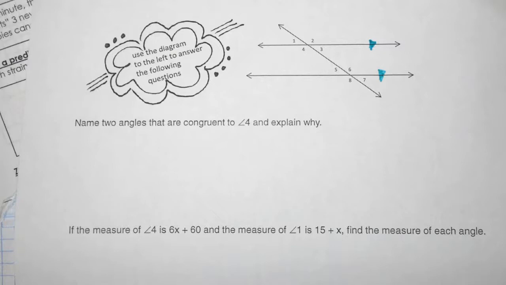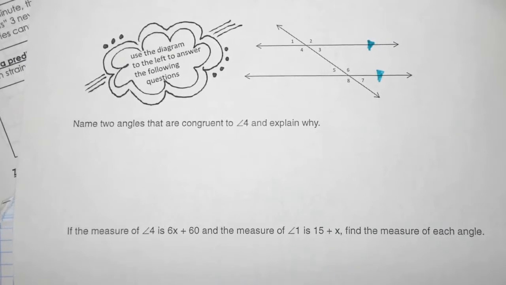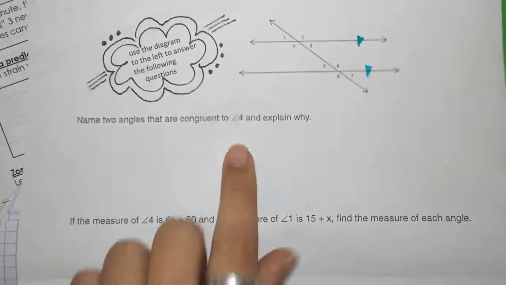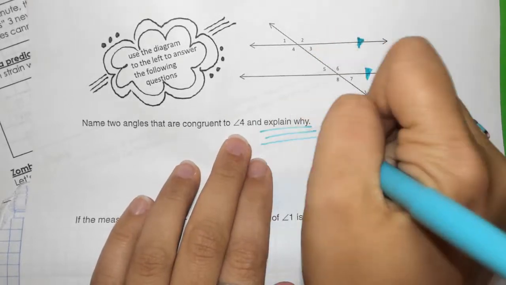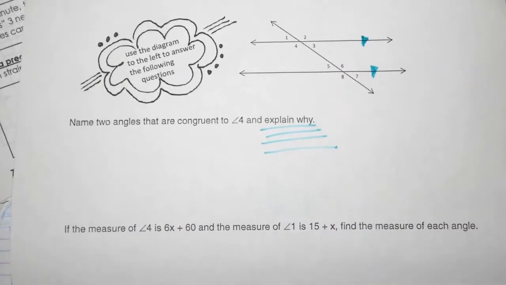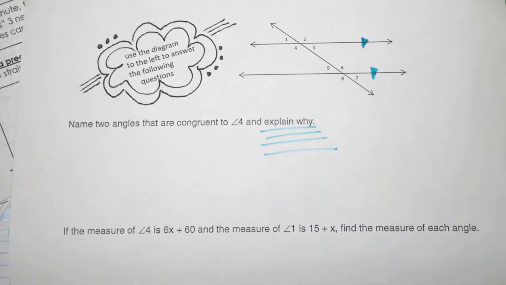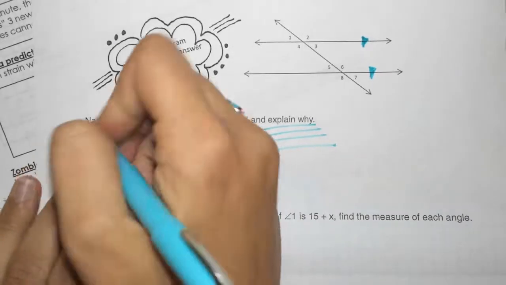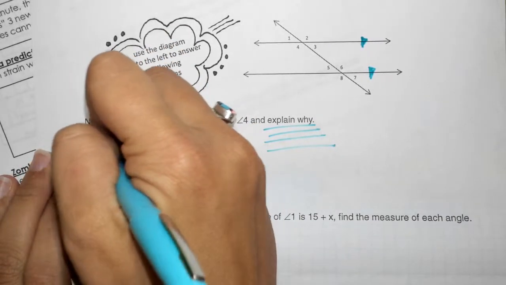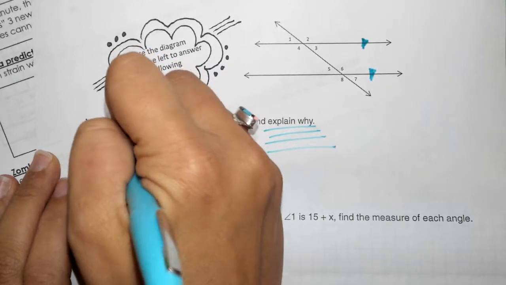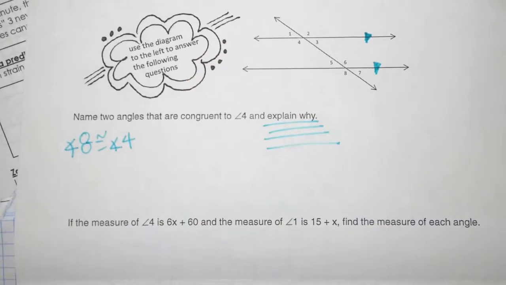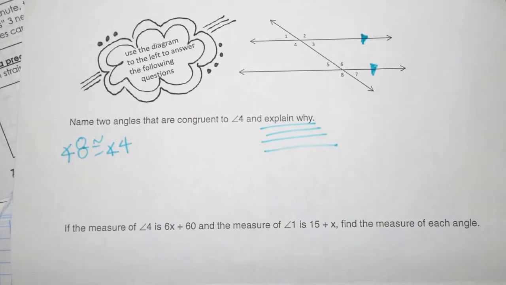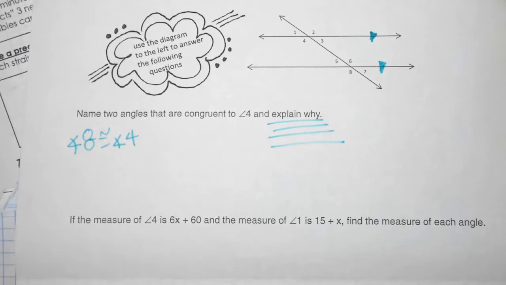Okay, so now our first question says name two angles that are congruent to angle 4 and explain why. So Justin, can you tell me one? Angle 8. Angle 8 is congruent to angle 4. Why? Because they are what kind of angles?